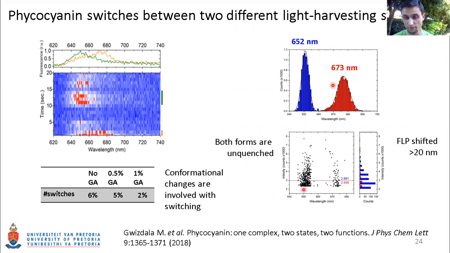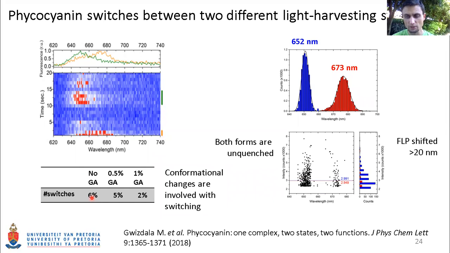The two states have the same average intensity, which means that both are light-harvesting states. And again, the presence of glutaraldehyde decreases the switching frequency, again signifying the presence of protein conformational changes.